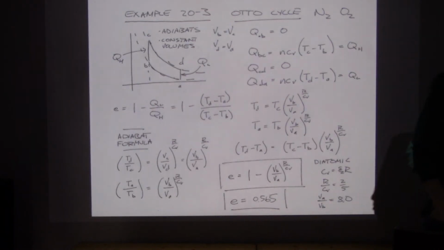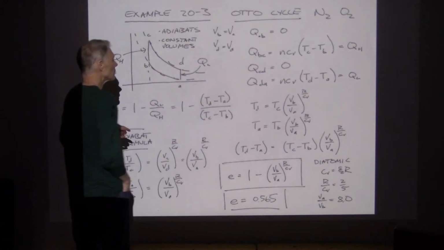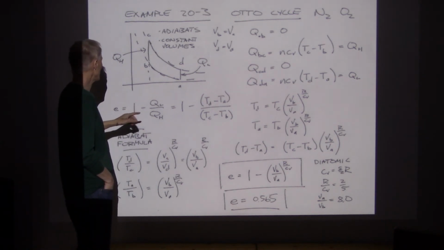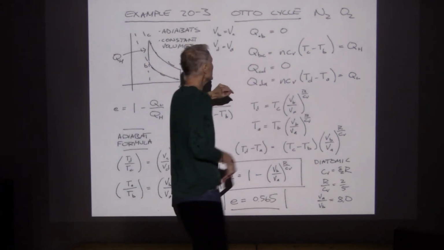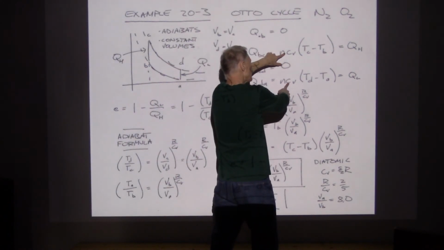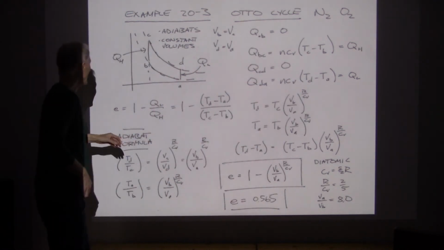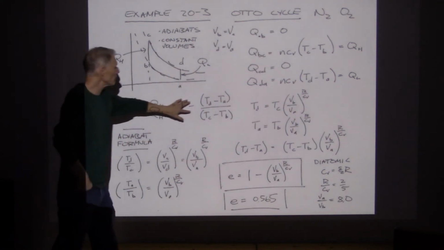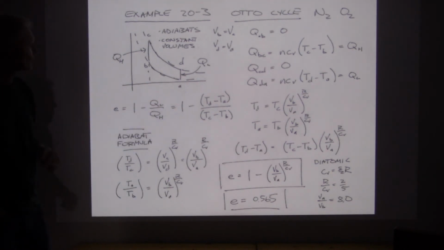That's what we're going to have for the efficiency for this particular cycle. And what I can do now is take the QL, divide by the QH. When I do that, the n's and the CV's cancel, and I'm left with this ratio of temperatures. So now I have the efficiency in terms of all these different operating temperatures at the different locations within the cycle.